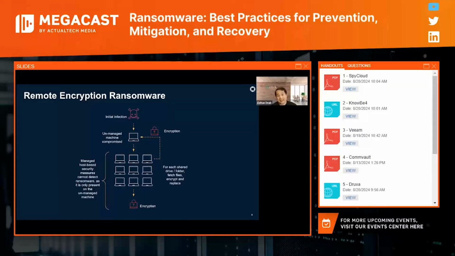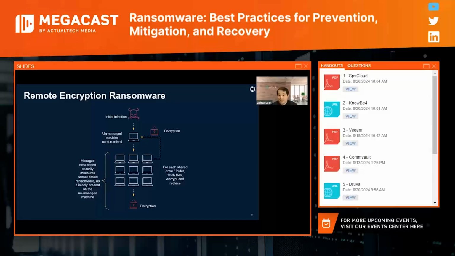On top of that, about 80% of all compromises come from unmanaged devices. So just imagine your own corporate network where you might have thousands of devices connected. All it takes is one underprotected device to compromise an entire network. So cyber criminals really favor remote ransomware attacks because they're an easy way to scale.